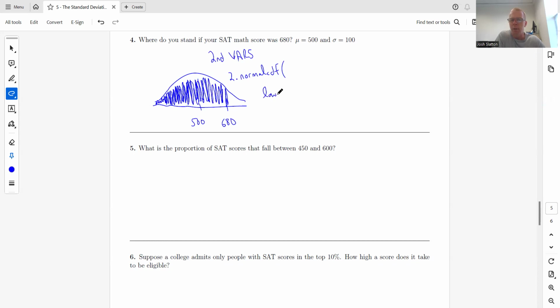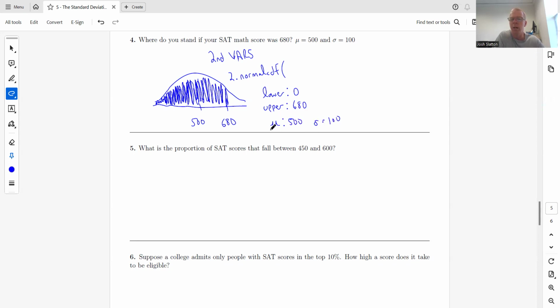Lower is the lower bound of your shaded area, the left bound. What's the lowest score you could get? That would be 0. The upper bound is the right side of the shaded area. What's the highest score we're looking at? 680. Then the mean, which is 500, and the standard deviation, which is 100.